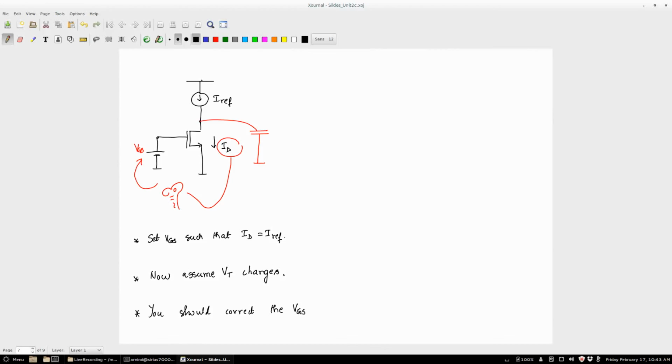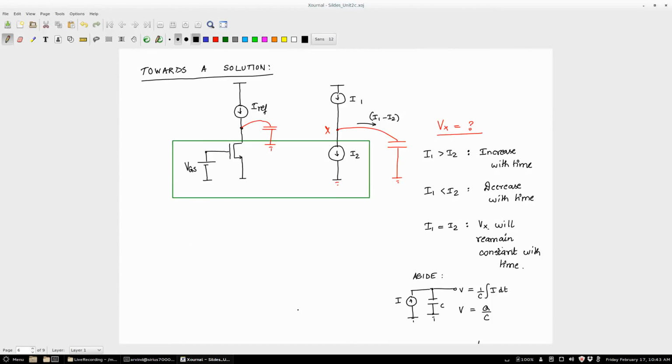Right? So basically what do you have to do? Somehow you started in a situation where everything is okay, right? Now from that starting point, your current has changed. The current through the transistor, say, has changed. Why has it changed? Because VT has changed, for example. Okay? Because of temperature, something like that. Mobility changed because of temperature, right?